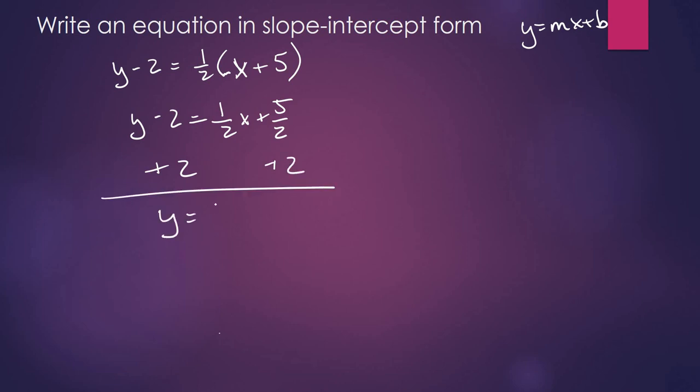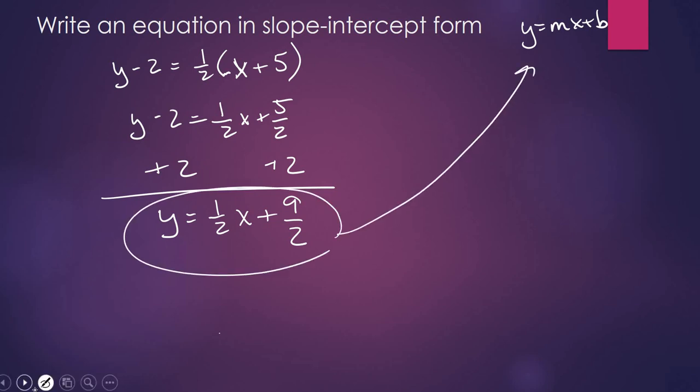So I get y equals 1/2 x, 5/2 plus 2, that's 5/2 plus 4/2 is 9/2. So that is my equation in slope-intercept form. Okay? So I've created the form that I wanted.